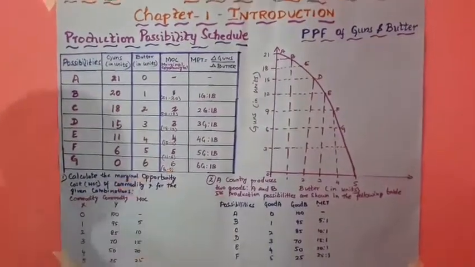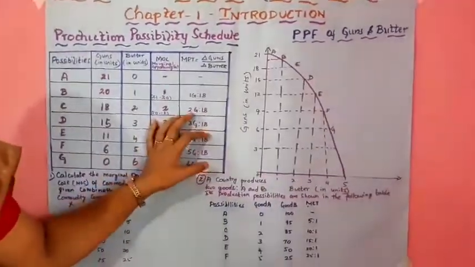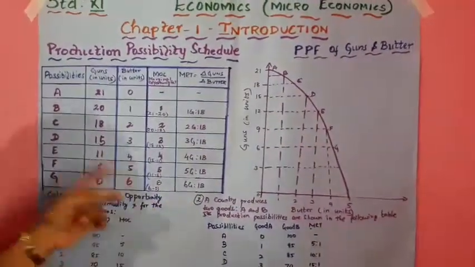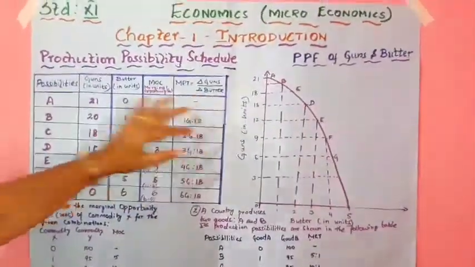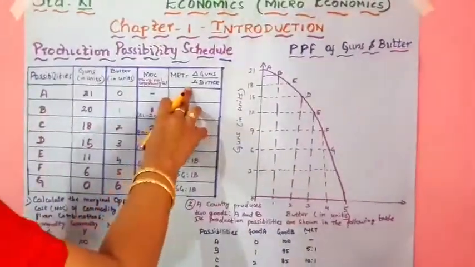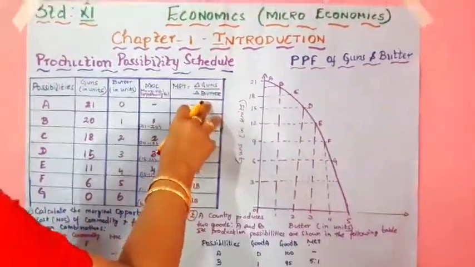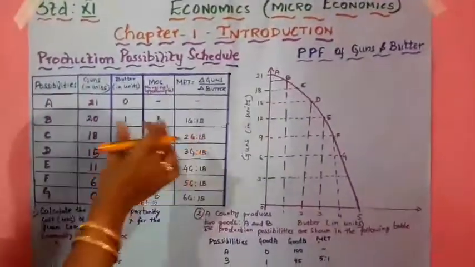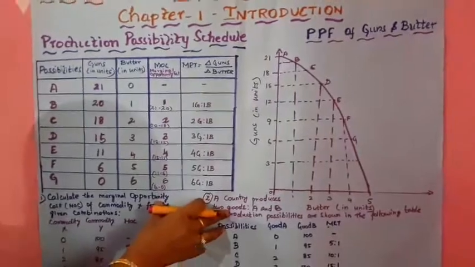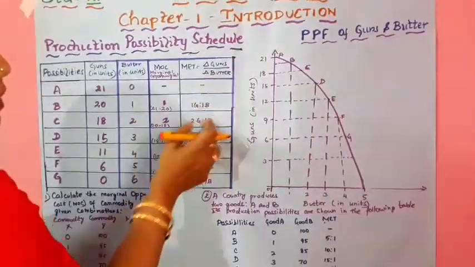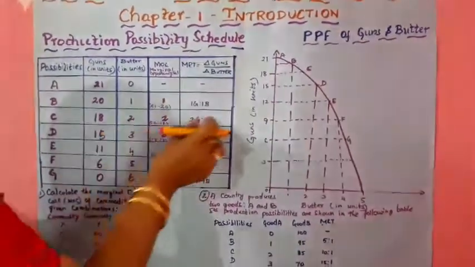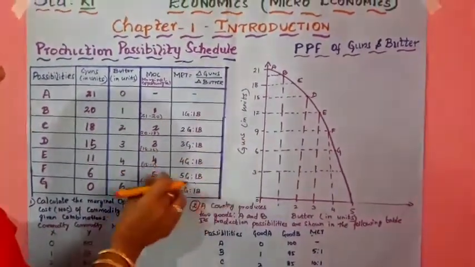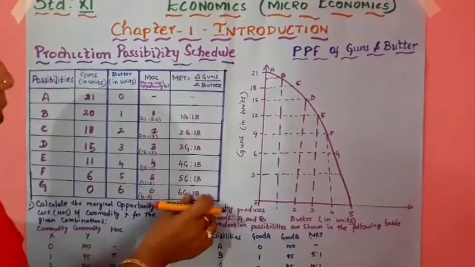And now we are going to move to the MRT, that is the marginal rate of transformation. What is the MRT formula? MRT is equal to delta gun by delta butter. That is, if you are taking it from the ratio point of view, 1 gun is to 1 butter, 2 guns is to 1 butter, 3 guns is to 1 butter, 4 guns is to 1 butter, 5 guns is to 1 butter, 6 guns is to 1 butter.